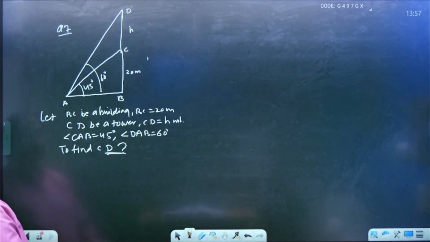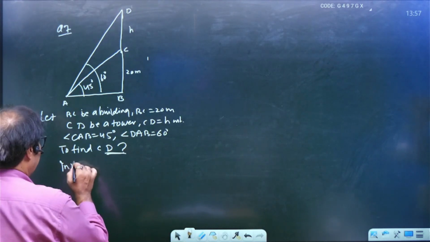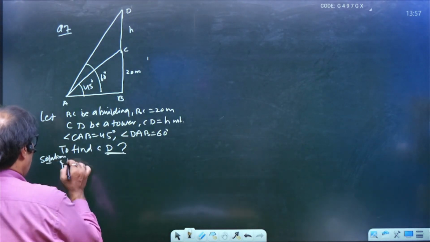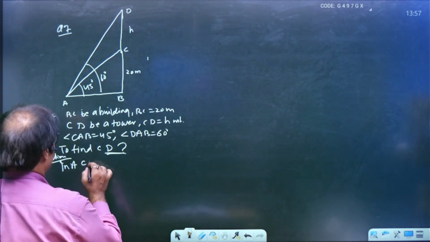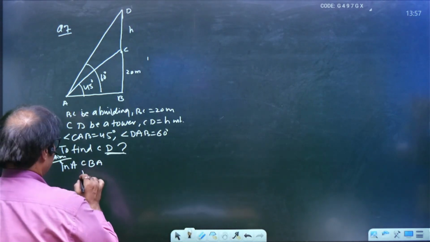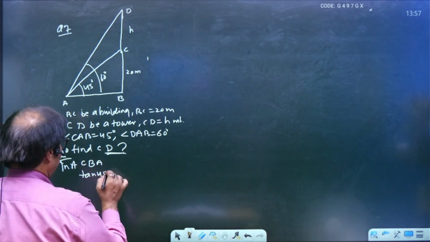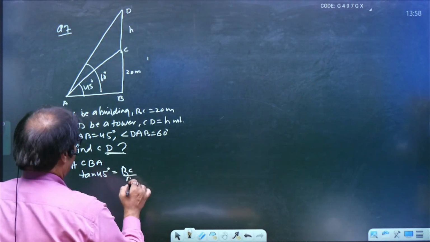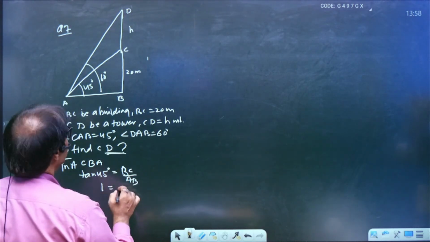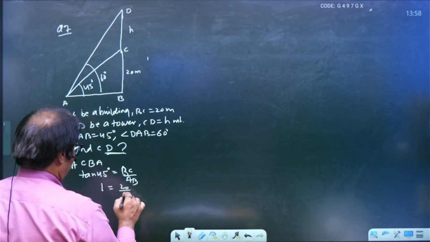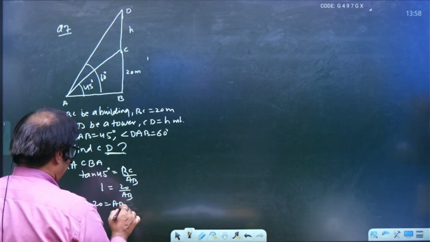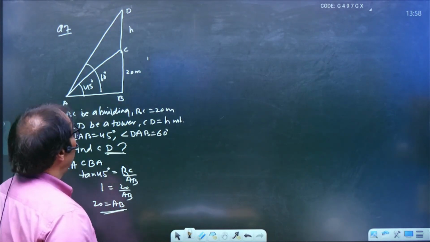Now come to the right triangle solution part. In right triangle CBA, tangent 45 degree is equal to perpendicular, this is BC, upon AB. So 1 equals BC, which is given as 20, upon AB. By cross multiplication, 20 is equal to AB.